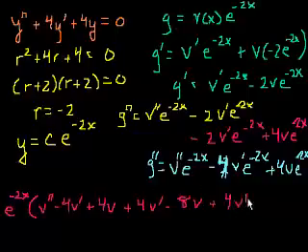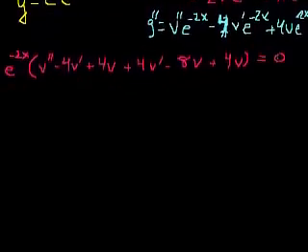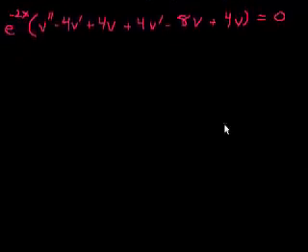But anyway, to get this, I just substituted the second derivative, the first derivative, and g back into the differential equation, and we know that that has to equal 0. Let's see if we can simplify this a little bit more, and then hopefully solve for v. Some things are popping out at me.